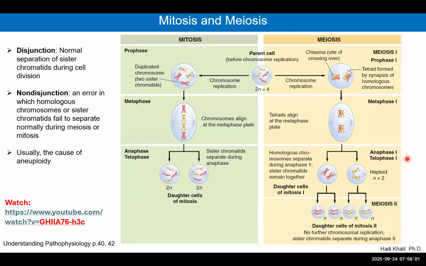So the two chromosomes sit face to face, they exchange material, and then chromosome number 1 goes to cell number 1, and the other chromosome 1 goes to the other cell with the exchanged material.